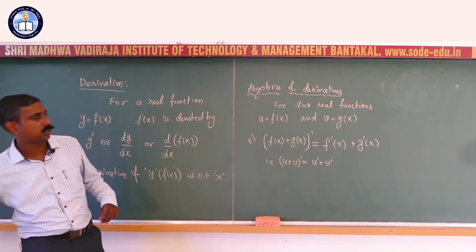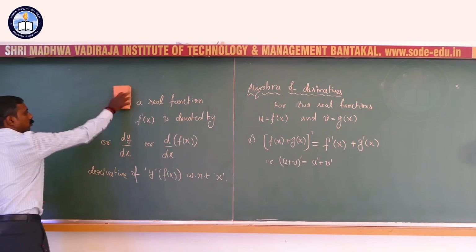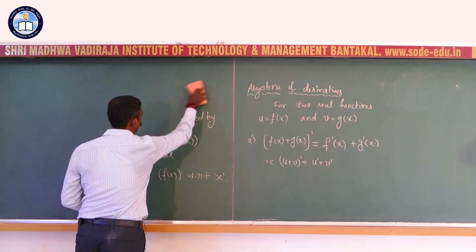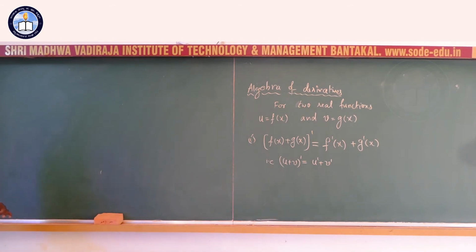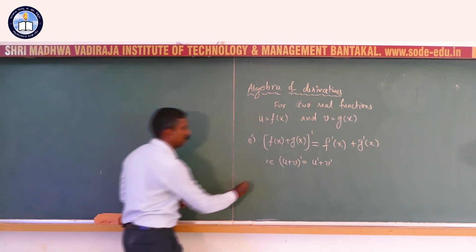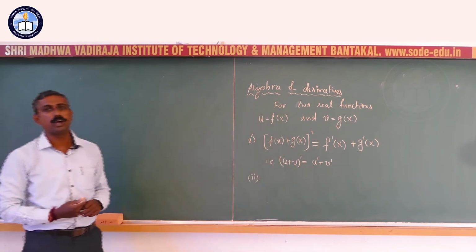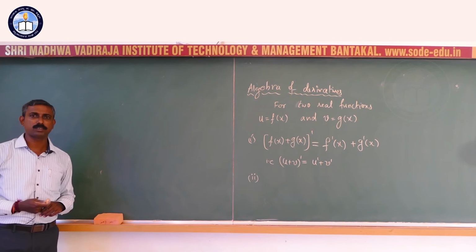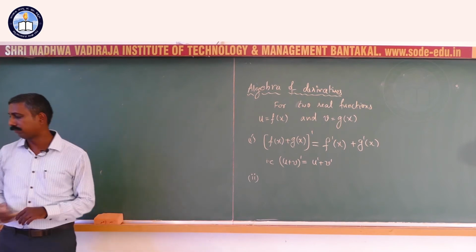Let us go for point number 2. That is similar to f of x plus g of x, where now we have to get f of x minus g of x.